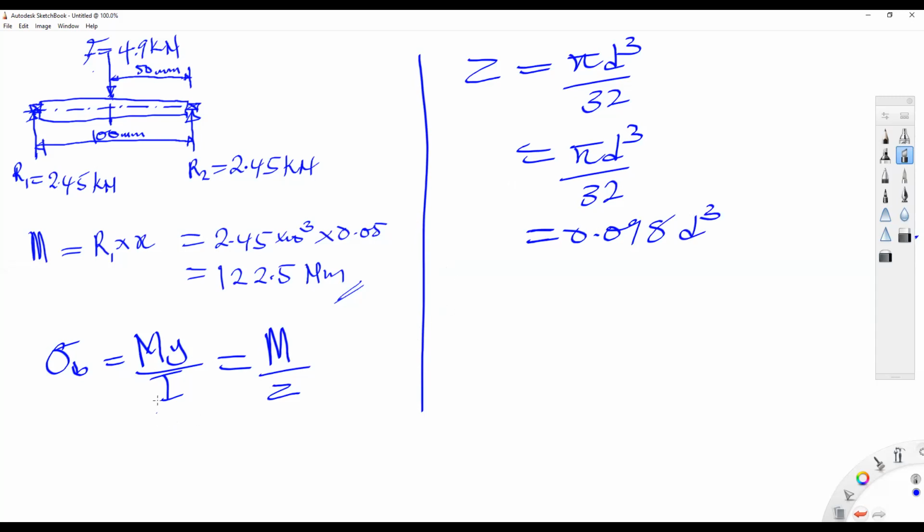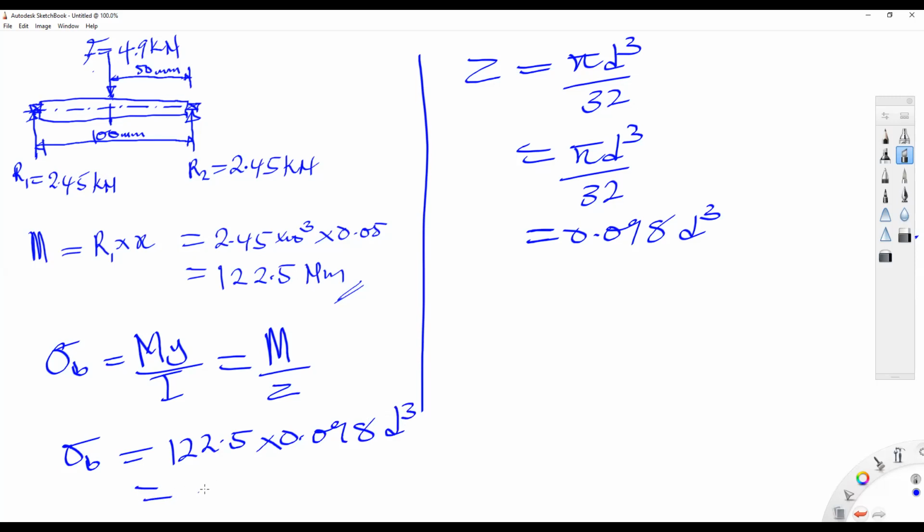So in that case, we can say that our bending stress sigma b is equal to the bending moment we have, 22.5 times 0.098.